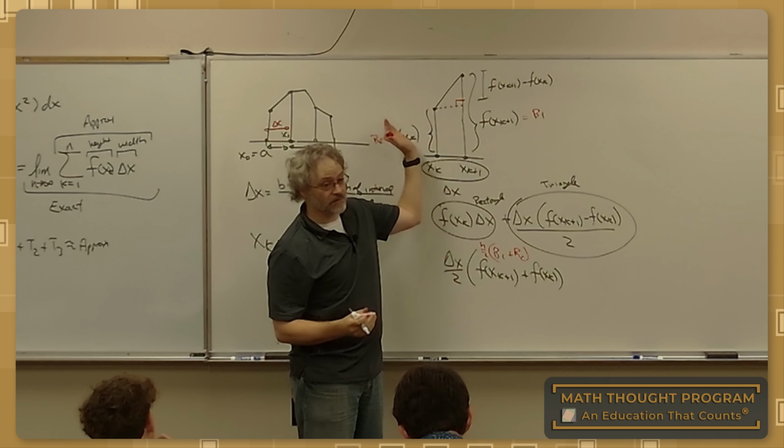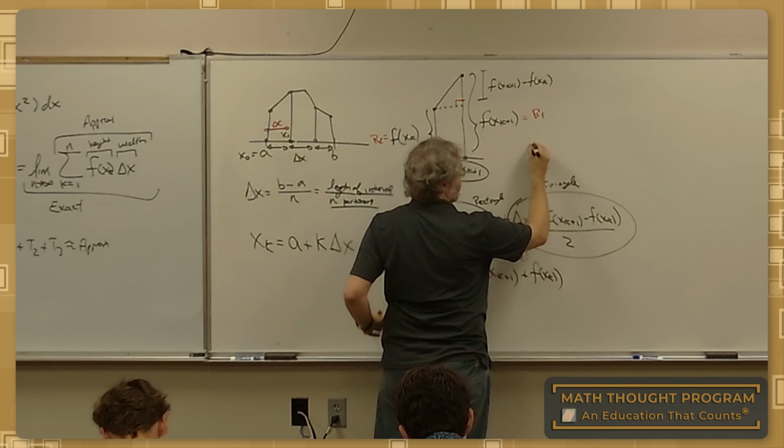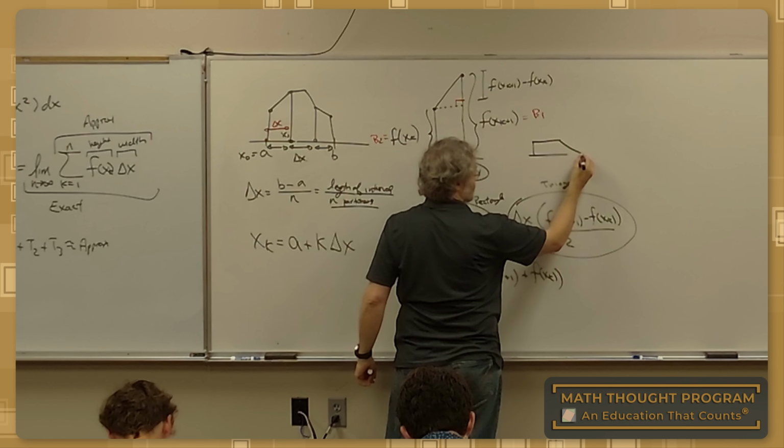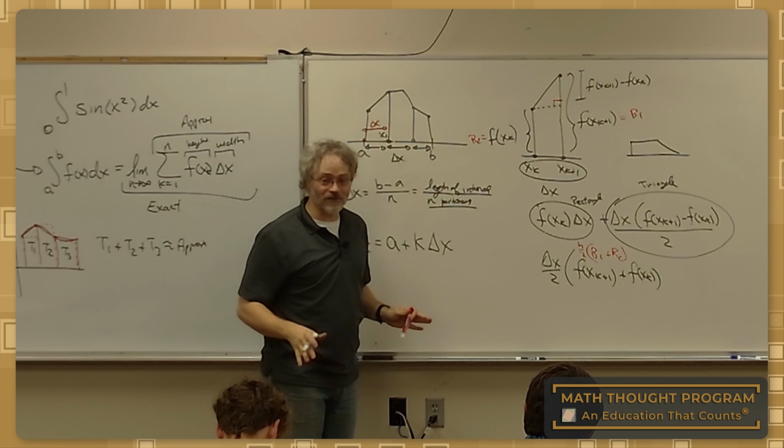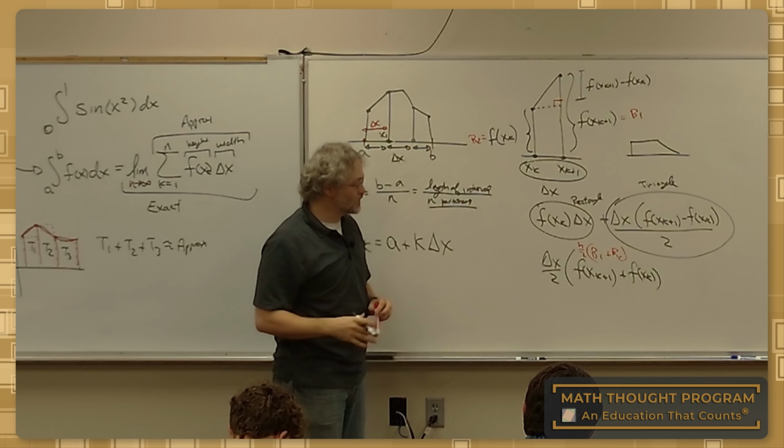You can take this and topple it over, and maybe you're more accustomed to seeing it like this. So there it is, the formula to find the area of one trapezoid.